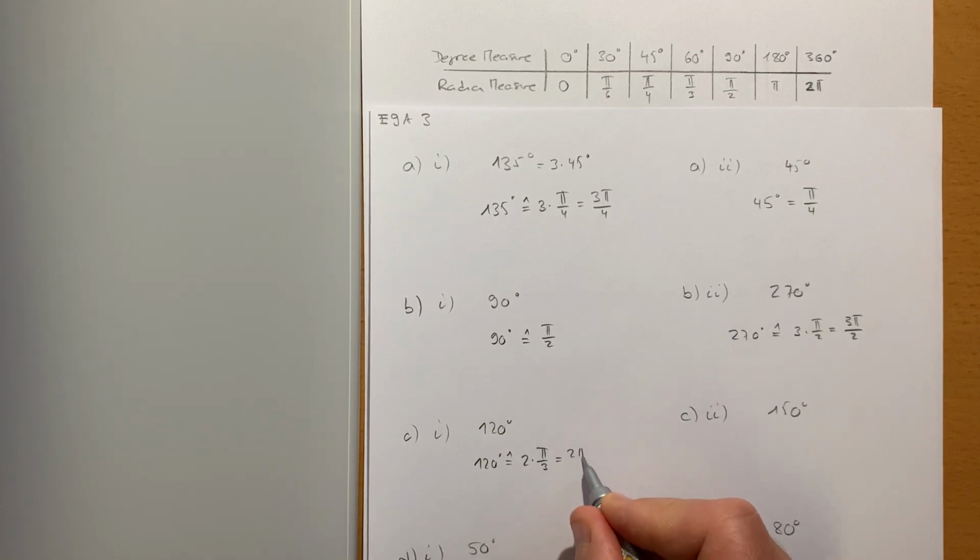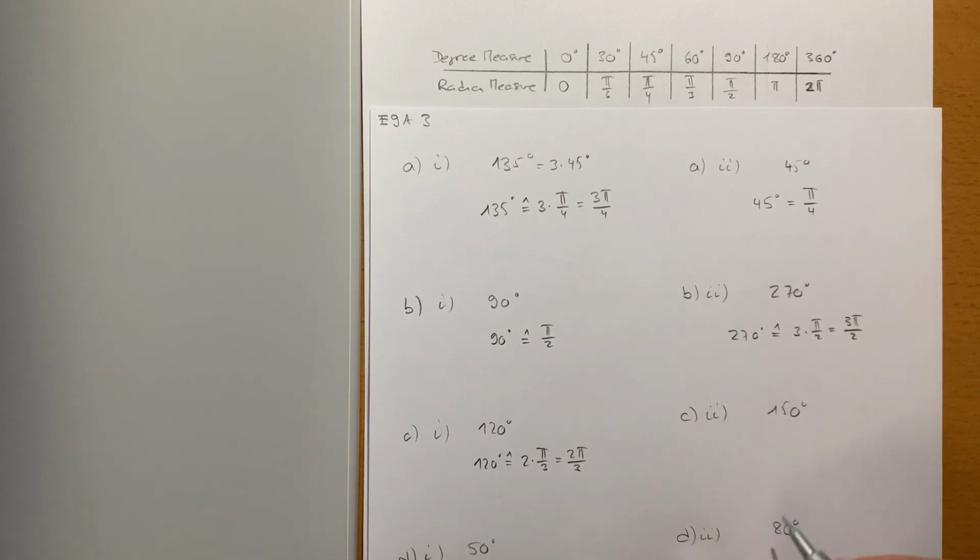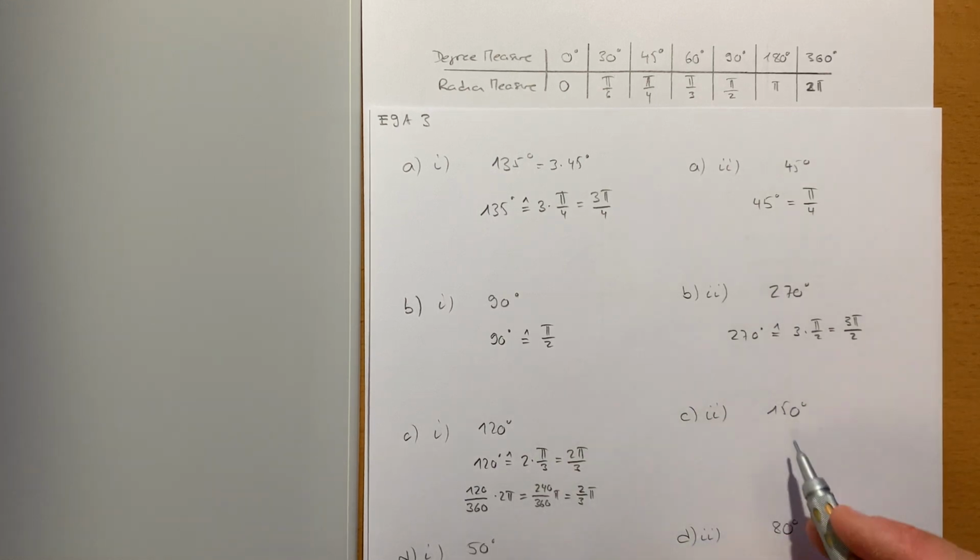So it's 2 pi thirds. Again, you could do it like this: 120 360ths times 2 pi. Well, that would be 240 360ths of pi. Well, when simplified by 120, you get 2/3 times pi. So you get the same thing.